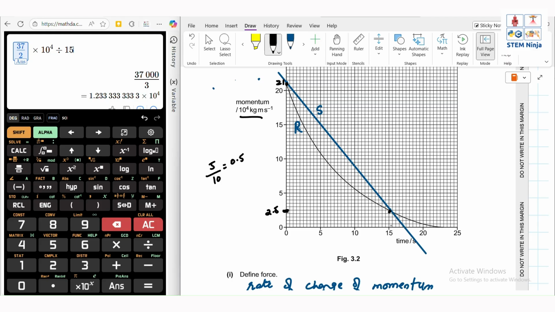But since they're starting at the same initial momentum and it's experiencing the same force, rate of change of momentum, that means it will follow this blue line and it will come to rest at, let's say, somewhere between like 17.5 or 17, I guess. So let's say this is 17.5, either way. So it will come to rest at this point, but R is coming to rest at 21, 22, and 23.